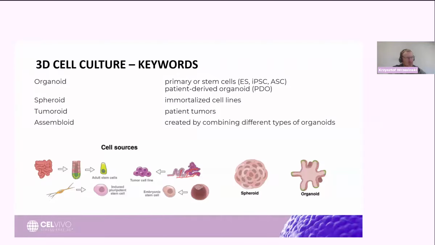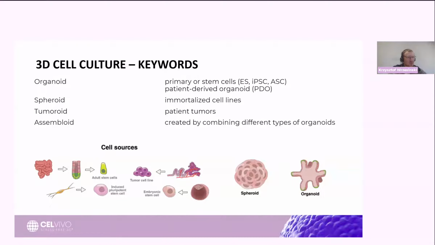We use the word spheroid when we talk about an immortalized cell line construct. We use the term tumoroid, which is a construct made out of patient tumor cells. And if we would like to have something which is the result of a combination of two different organoids, that will be an assembloid.